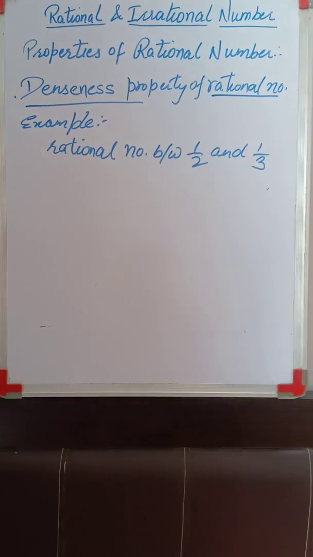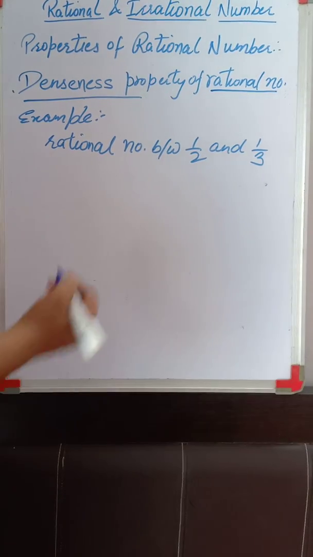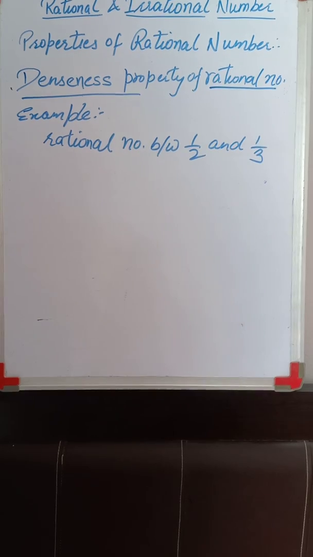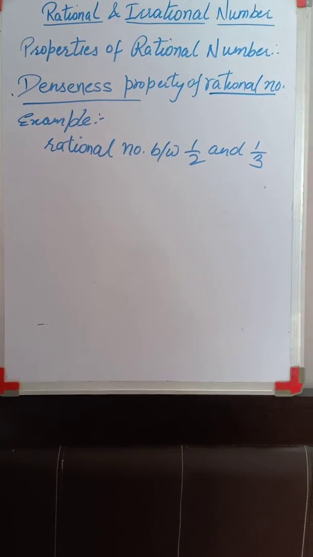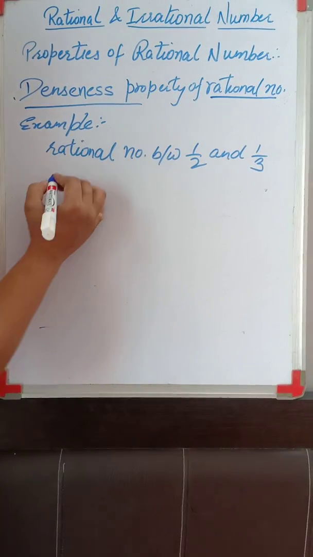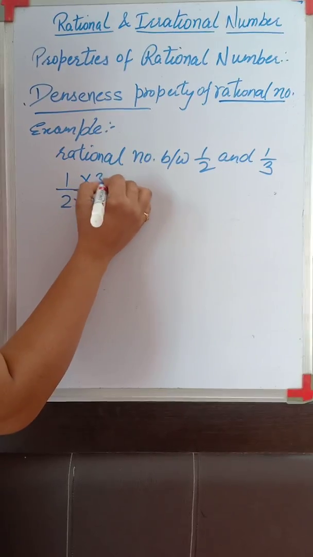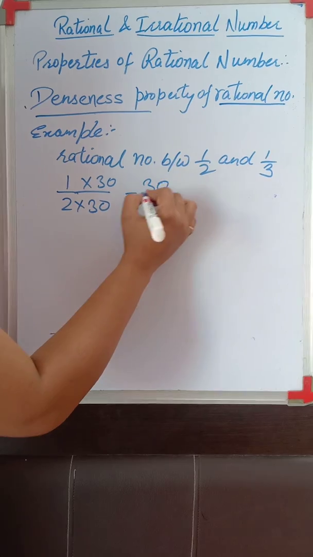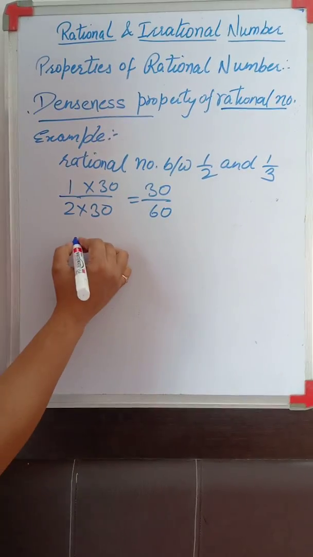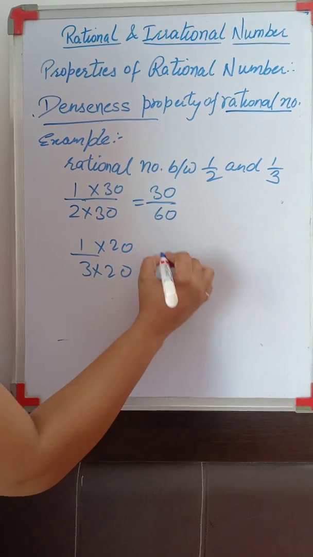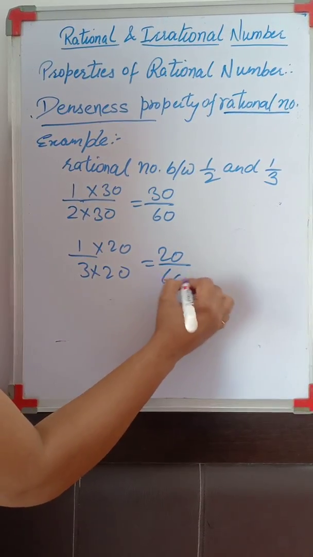So this is our example. Calculate the rational numbers between 1 upon 2 and 1 upon 3. As we have learned in the earlier class, that method I am going to explain here. 1 upon 2 multiplied by 30 upon 30, what will you get? 30 upon 60, right? 1 upon 3 multiplied by 20 upon 20, you will get 20 upon 60, right?